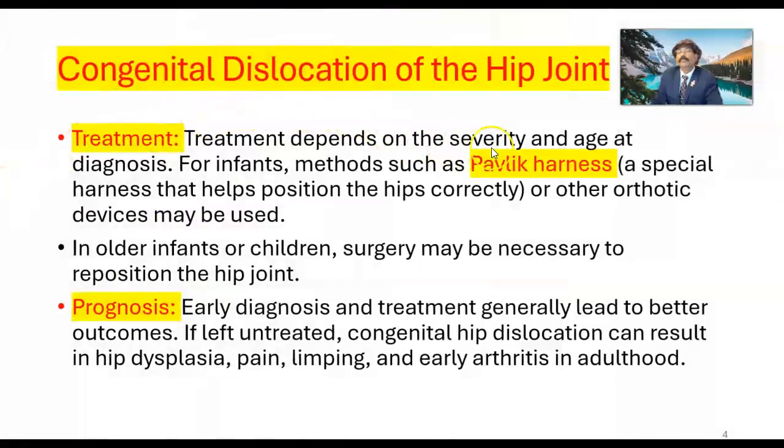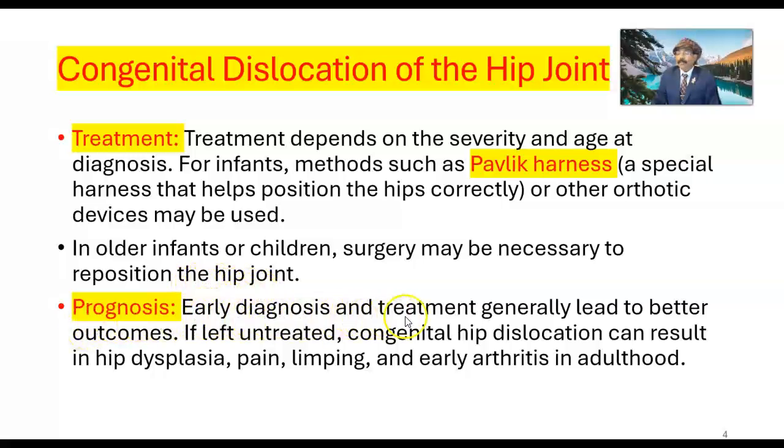Treatment depends on the severity, age and diagnosis. For infants, methods such as a pelvic harness, a special harness that helps position the hip correctly, or other orthotic devices may be used. In older infants or children, surgery may be necessary to reposition the hip joint.